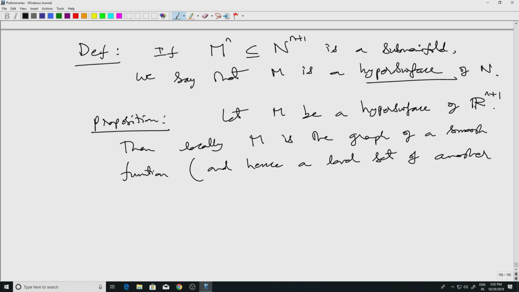And we have already seen that the graph of a smooth function can be realized as the level set of some other function. So the proof is quite simple.